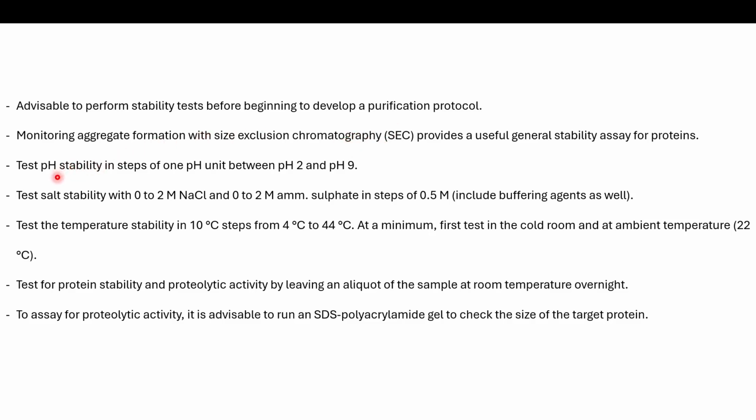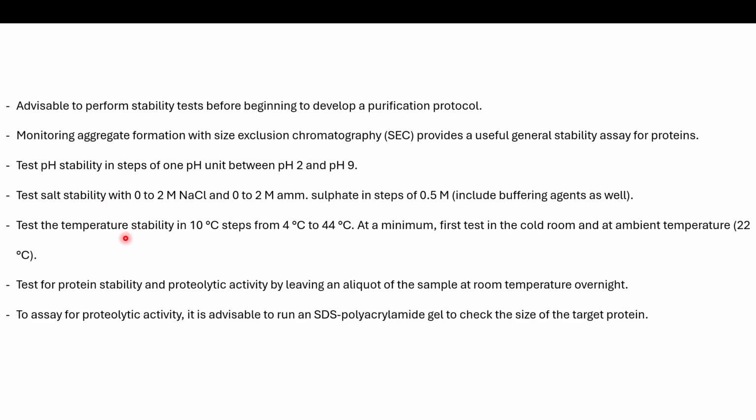Also, one needs to check which range of pH is more optimum for the molecule to be stable and to stay functional. Then also how much salt concentration; we have to be really careful about the salt concentration as well as the temperature stability.